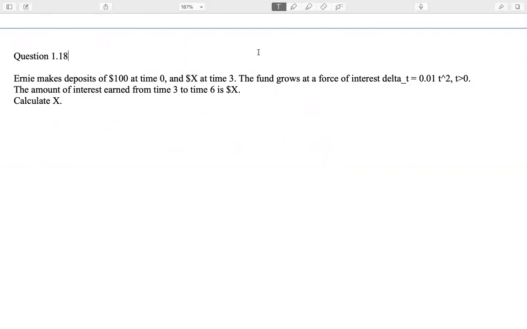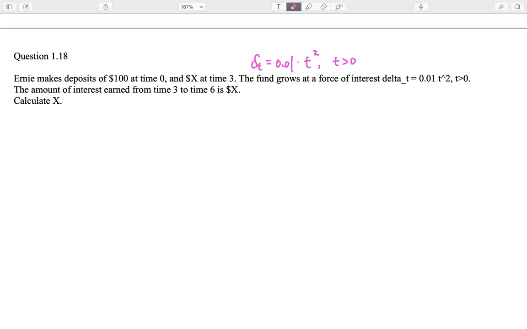So here, let me write down what delta t is. It's 0.01 times t squared, and t is obviously greater than 0. So it's actually growing, right? As time moves further, the force of interest actually increases.